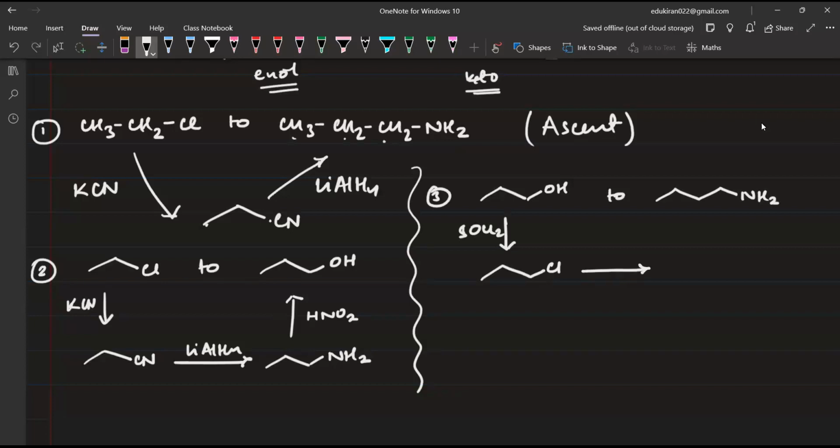Once we have converted it to haloalkane, we will react this with KCN, and we'll have 1, 2, 3, 4 carbon atoms and CN here. Then we can use LiAlH4 in order to reduce it. Okay, so all of these are different examples of ascent, but the main important reaction that we are having, that is increasing the carbon atom by 1, it is the KCN reaction.